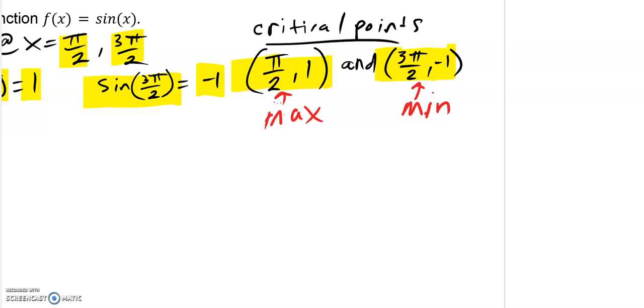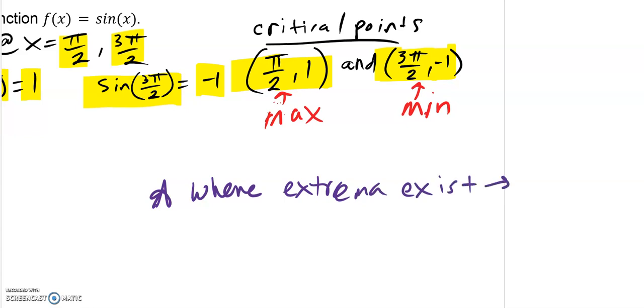Always remember, when it's asking for where the critical point or the max and min exists, they're asking about the x value. The x value tells you where.